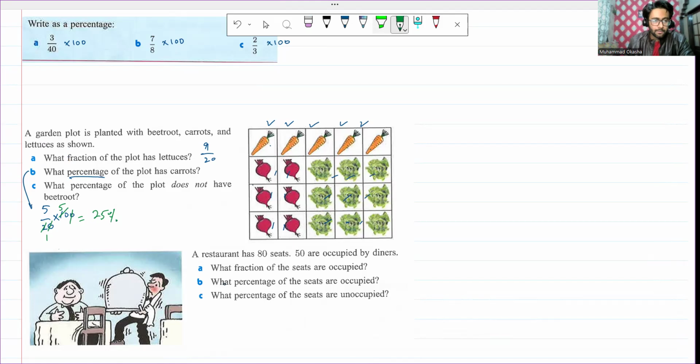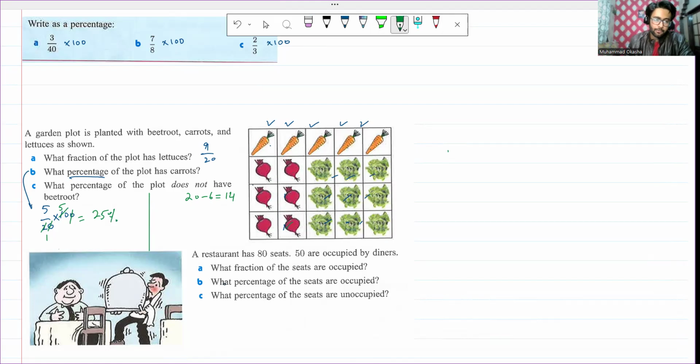Now this is interesting. What percentage of the plot does not have beetroot? So we'll see 1, 2, 3, 4, 5, 6. 6 out of 20 has beetroots, right? So the part of the plot that does not have beetroots would be 20 minus 6. That's going to be 14, right?